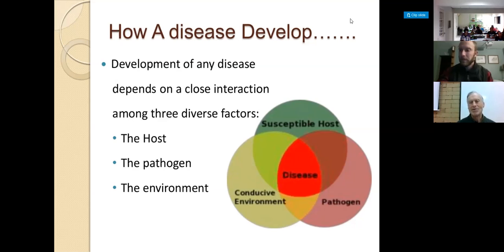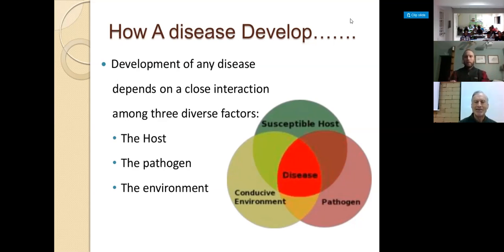When an environment that's favorable for the disease, for example, one that's wet enough for fungus spores to germinate on the leaf surface, overlaps with the presence of a virulent pathogen on the leaf surface, and the plant is susceptible to that, then you get disease.